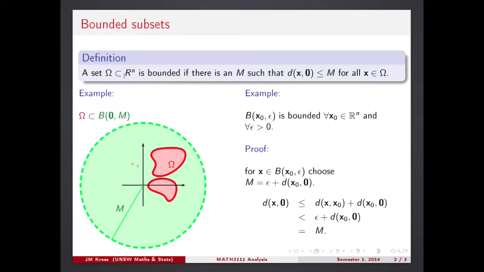A set omega in n-dimensional space is called bounded if there is a number m such that the distance from any point of your set to the origin doesn't exceed this m. So if this red spot here is your omega, any point within the omega, from the origin, is no longer than distance m. Or geometrically speaking, you just entirely submerge your red spot, your omega, into this green ball which sits in the origin.